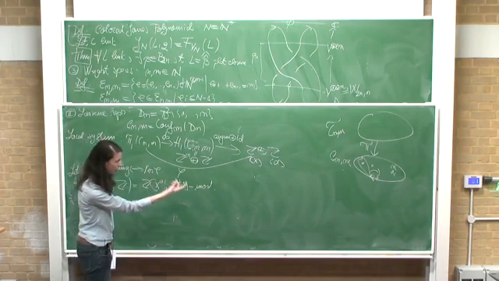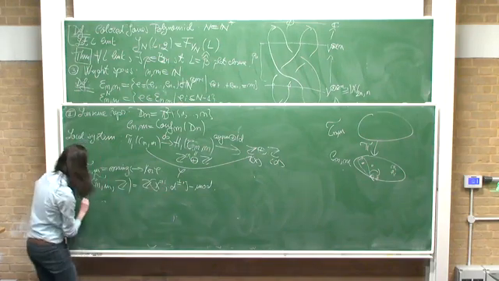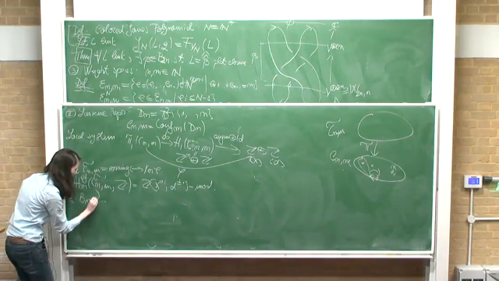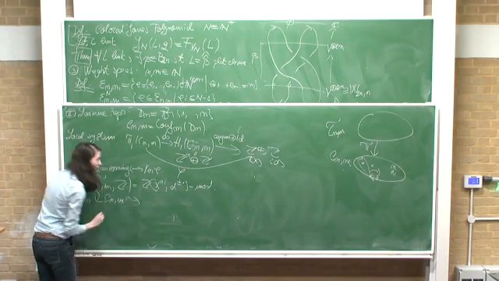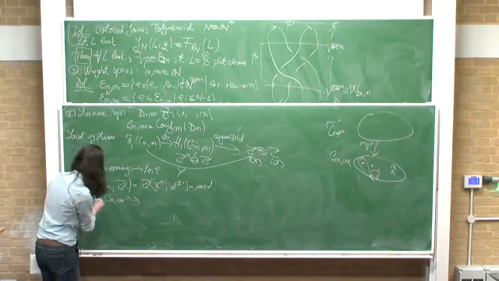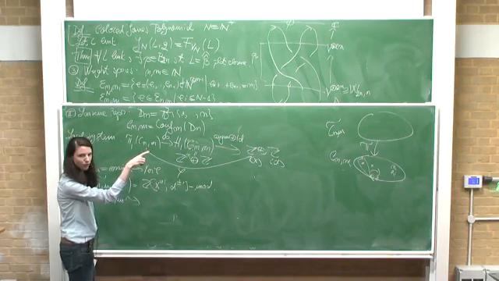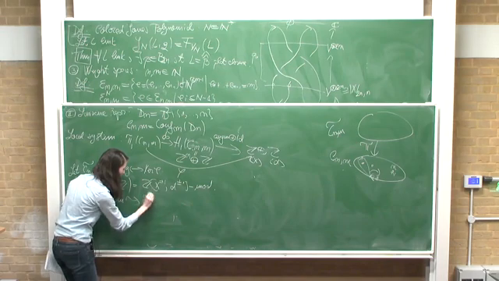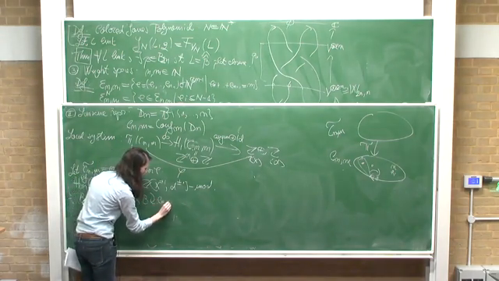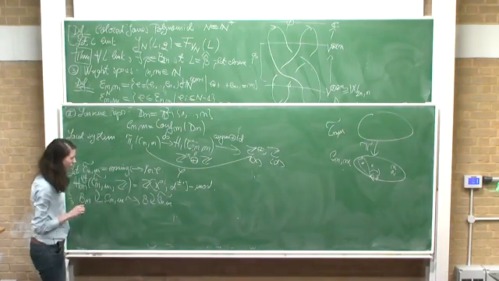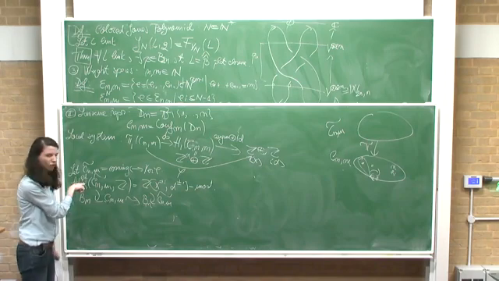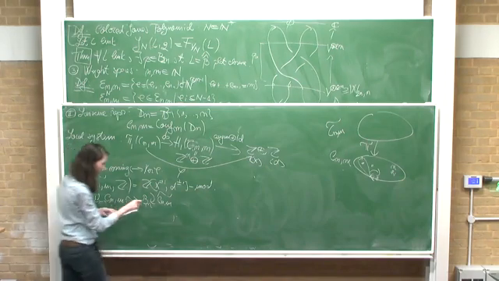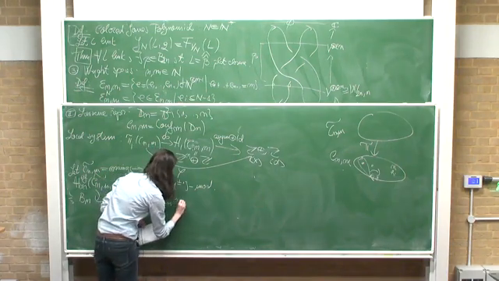That will act on the configuration space, so B n will give an action on C n m. From the local system, we can see that this will lift to the covering, so the braid group will still act on the covering. So we'll have a representation on the homology.